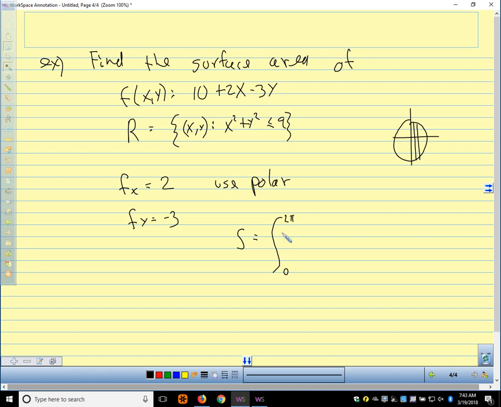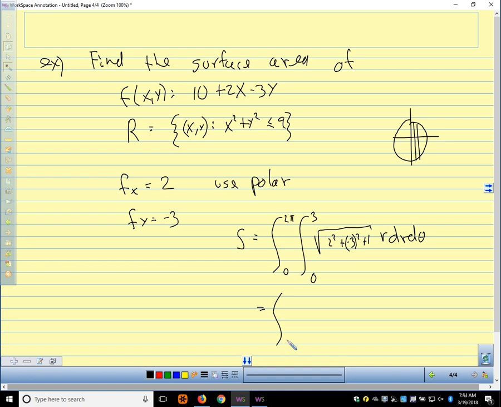I would say probably not. And we're going to go from, radius goes from 0 to 3. And our integrand is the square root of 2 squared plus negative 3 squared plus 1 r dr d theta.